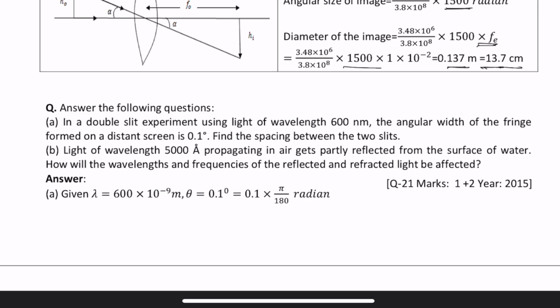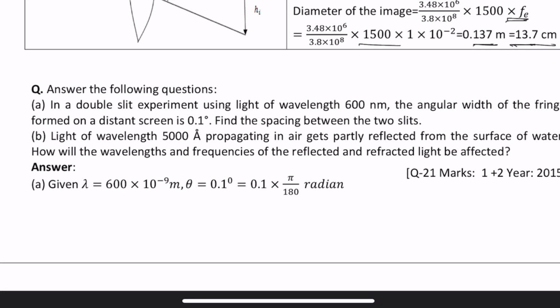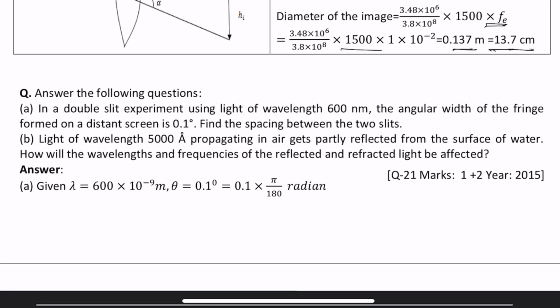That's all. Answer the following question. In a double slit experiment, using light of wavelength 600 nanometer, the angular width of the fringe is 0.1 degree. Find the spacing between the two slits.